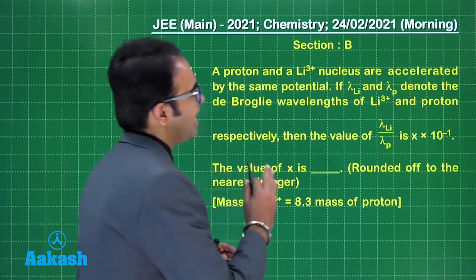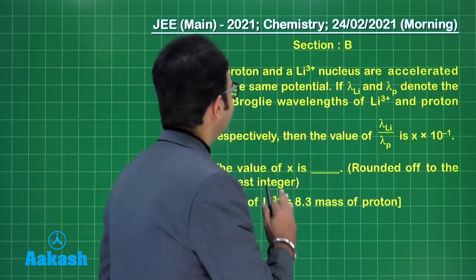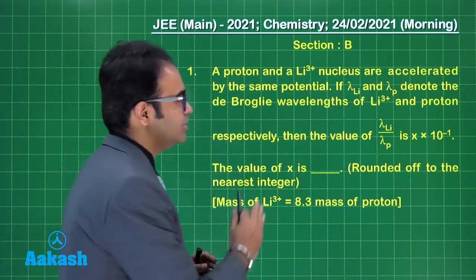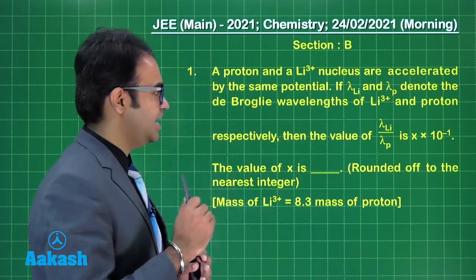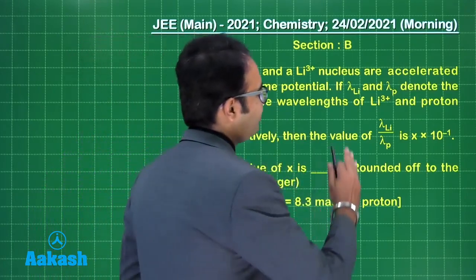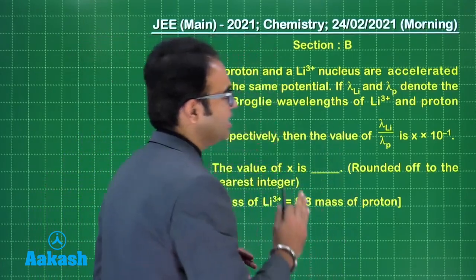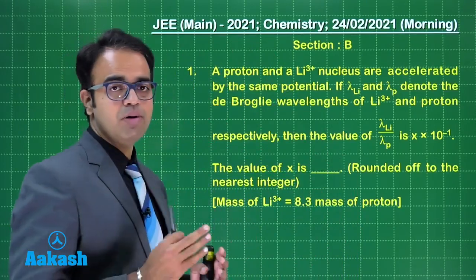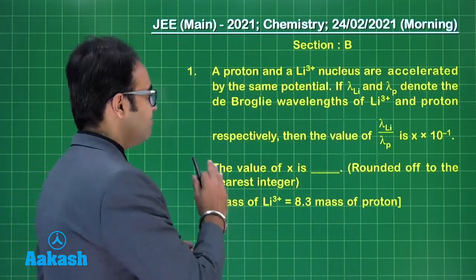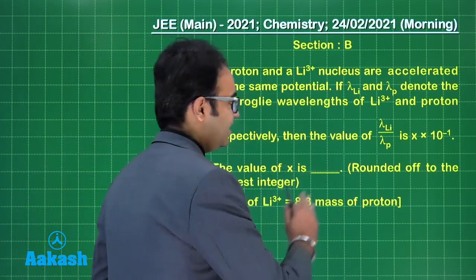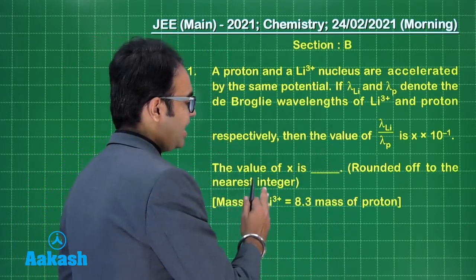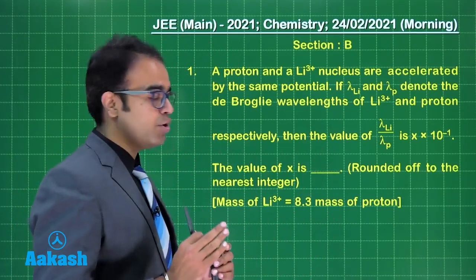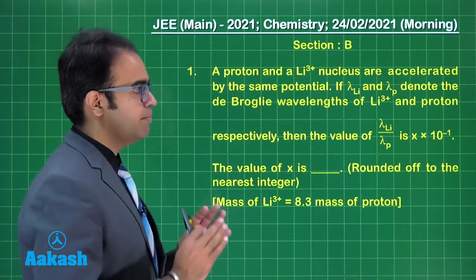If lambda Li and lambda P denote the de Broglie wavelengths of Li3+ and proton respectively, then the value of lambda Li by lambda P is x into 10 to the power minus 1. The value of x is rounded off to the nearest integer. Mass of Li3+ is equal to 8.3 times the mass of the proton.